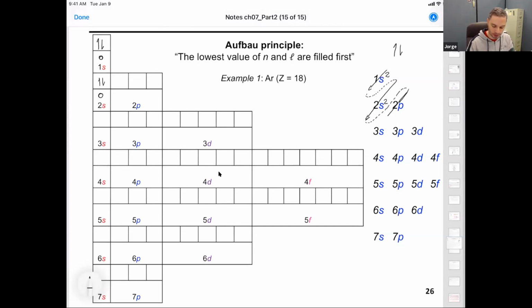Now the p orbital can accept 6 electrons because there are 3 slots. Each slot can handle 2 electrons. Attention here, because there are 3 slots, we have to follow a special order to fill these 3 slots.